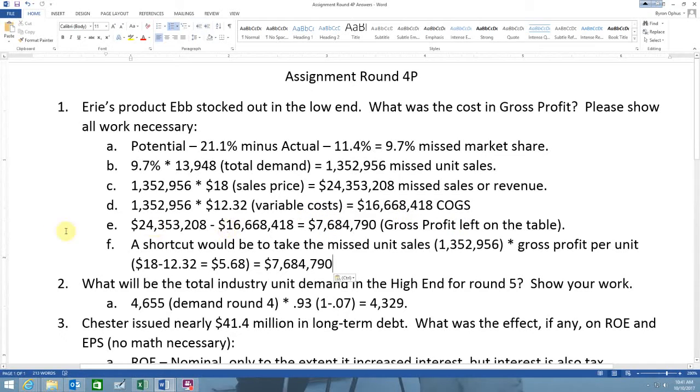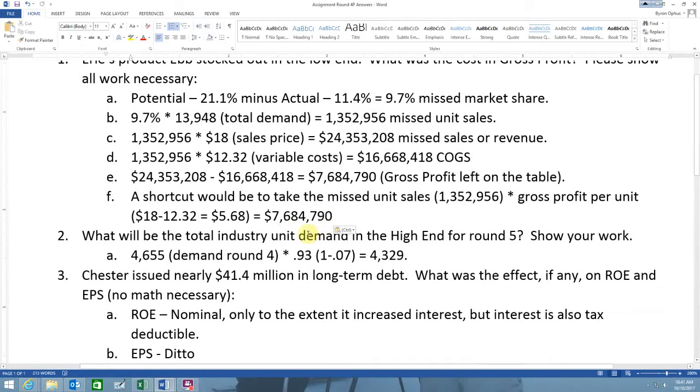A shortcut might have been to just take the missed unit sales times the gross profit per unit, taking the price minus the variable cost per unit, and I'd end up with $5.68 as my gross profit per unit, and take that again times the missed unit sales, and I come up with the same answer. So there's number one.